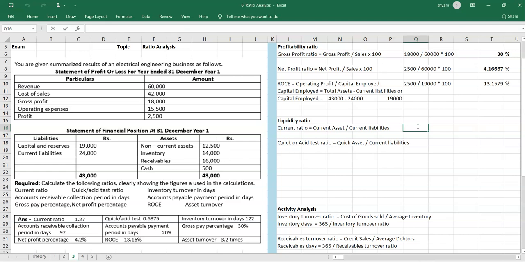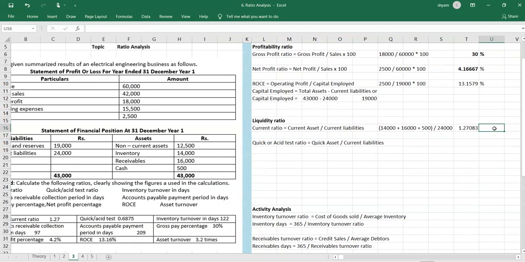So current assets would be 14,000 plus 16,000 plus 500 divided by the current liabilities, which is 24,000. So when we solve, we'll get an answer of 2 to 1.